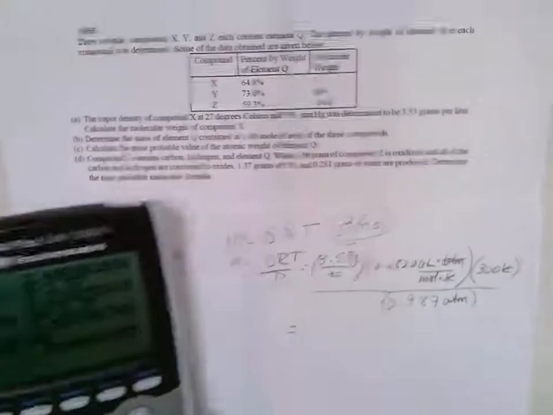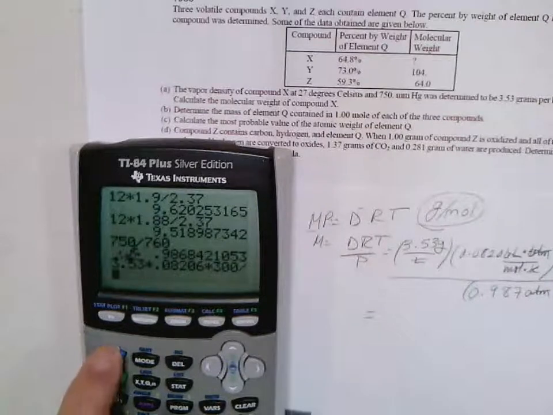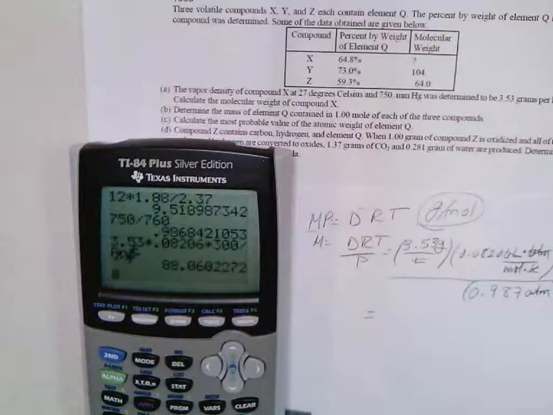And so I've got 3.53 times 0.08206 times 300 divided by, and second answer equals.